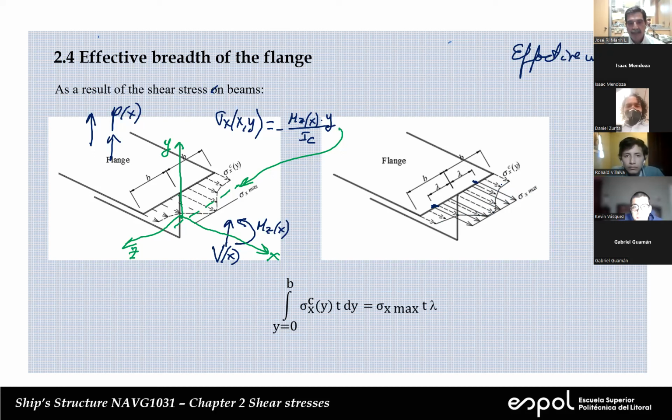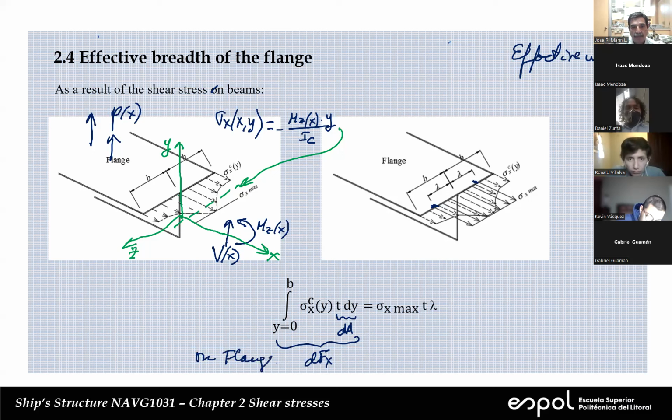So to do that, this is what we do. On the left-hand side of this equation, we integrate the stress, so we have sigma and this is the differential area. This will give me the force in the axial direction on the flange. Now, instead of this, because this is very complicated to calculate, we're going to take this fictitious distribution.